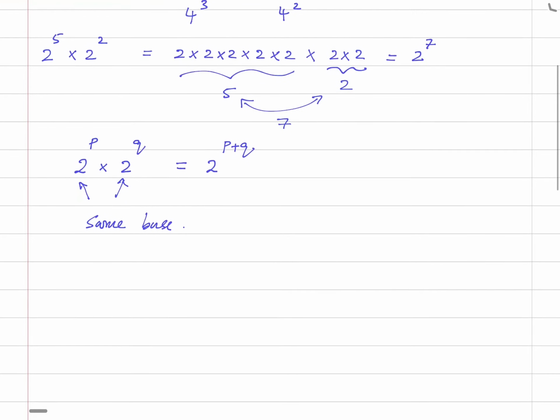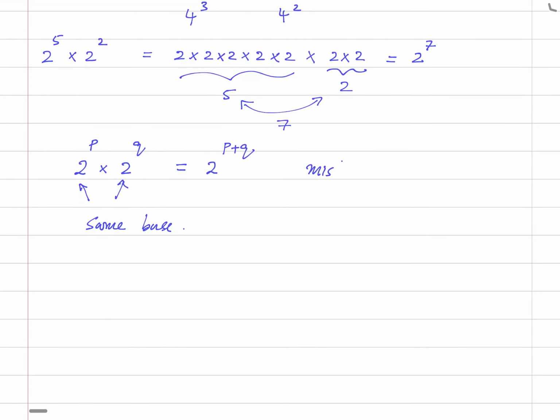Now, this is the common mistake students do. If you have 2 to the power p times 3 to the power q, this one you can't write using the index law. Why? Because look at the bases. Bases are not equal.